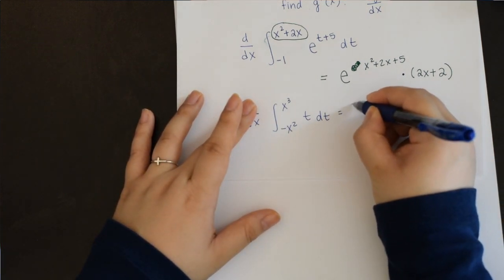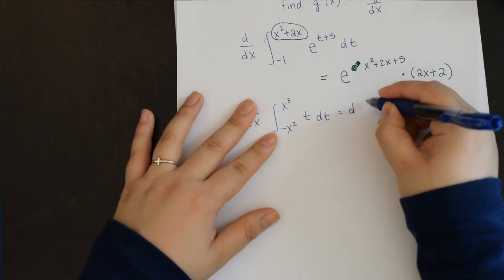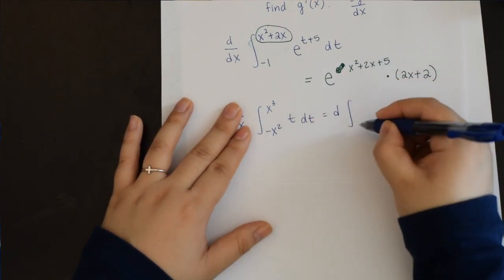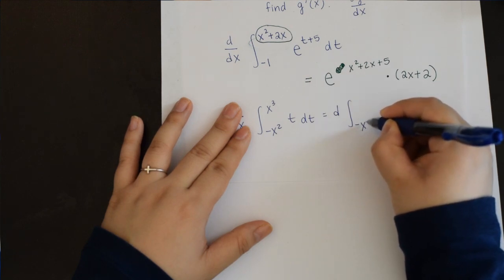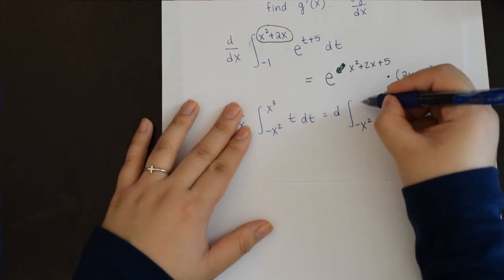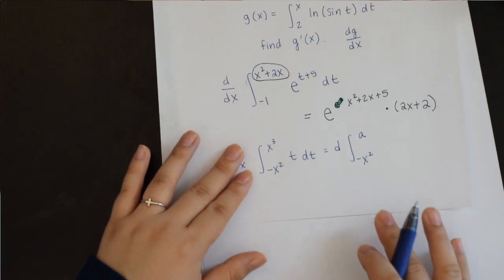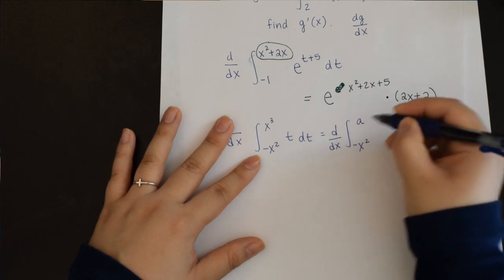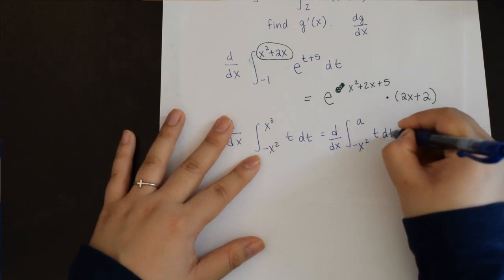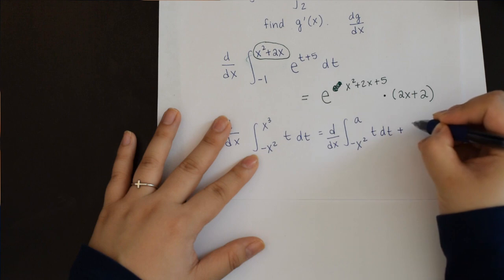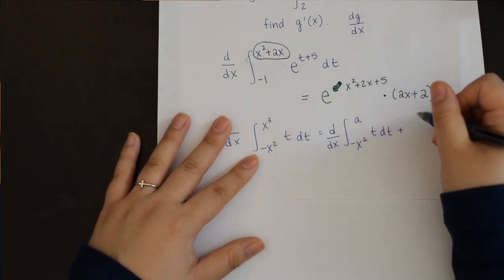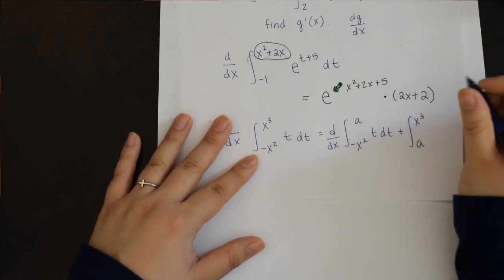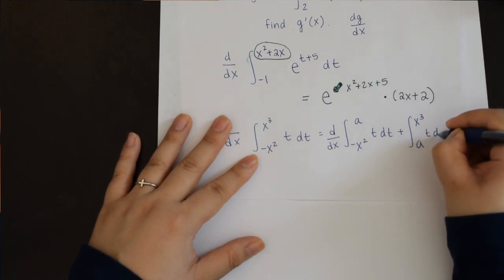So I have d of the integral from negative x squared to a, so I'm just going to put an a, any constant, of t dt plus the integral from a to x cubed of t dt.